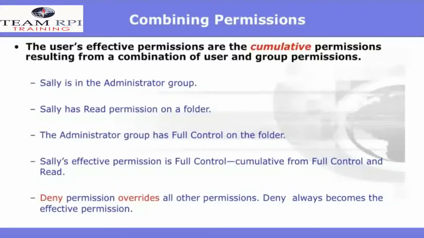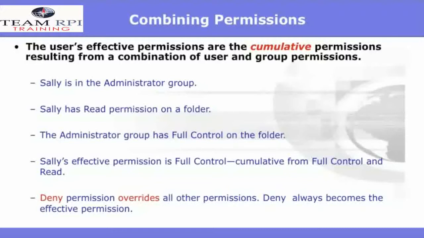It's important to remember that a user's effective permissions are the cumulative permissions resulting from a combination of user and group permissions. So, for instance, Sally is in the administrators group. Sally has read permission on a folder. The administrators group has full control on that folder.